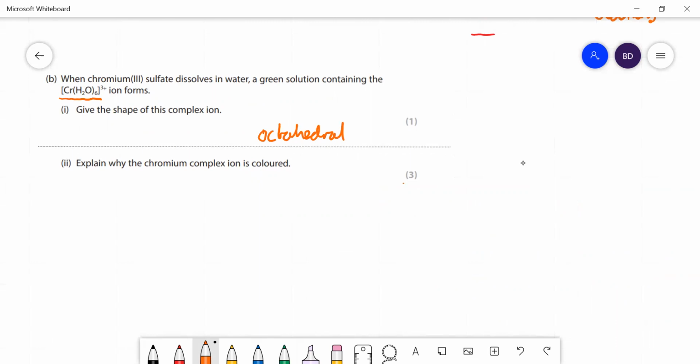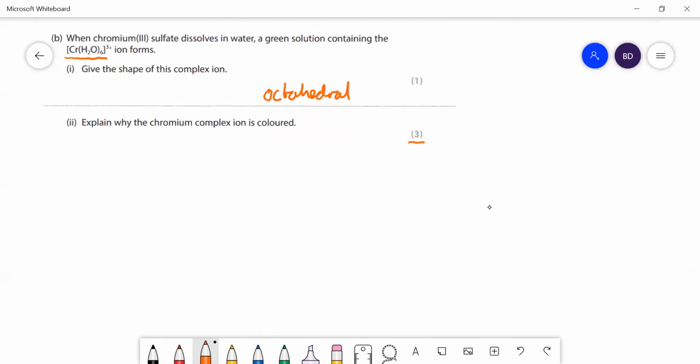Right, there's only 3 marks going for that, and I'm probably going to give too much information here. I'll give about 5 points, but occasionally you do get more than 3 marks given for that. So I'll say, right, why does it look colored? First of all, white light is a mixture of all the frequencies.